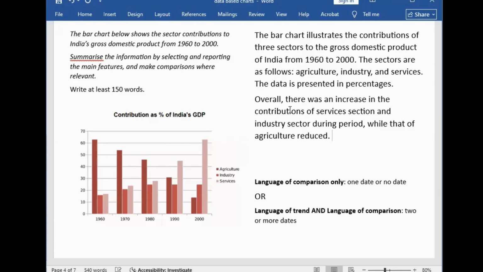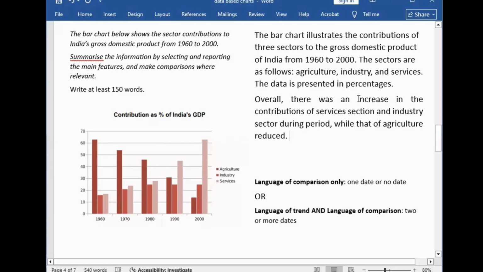Full stop. That's my overview. There was an increase. This word represents language of trend. While that of agriculture reduced. This word represents language of trend.